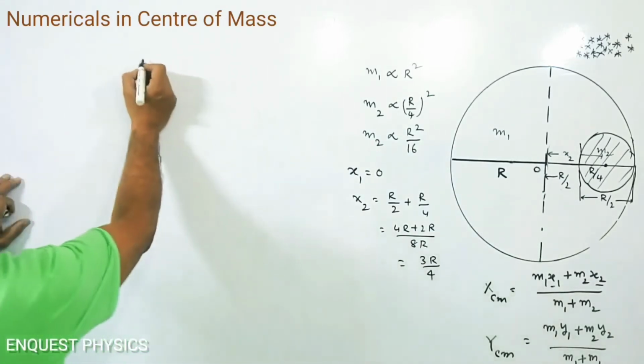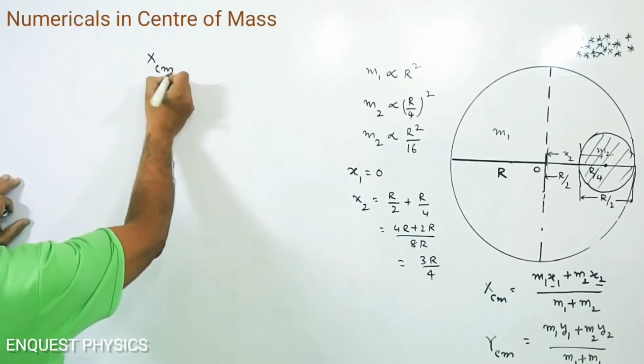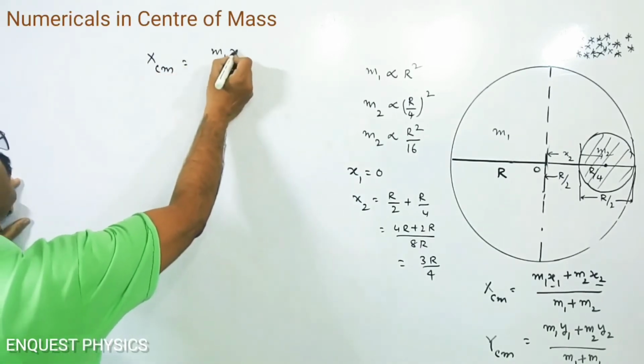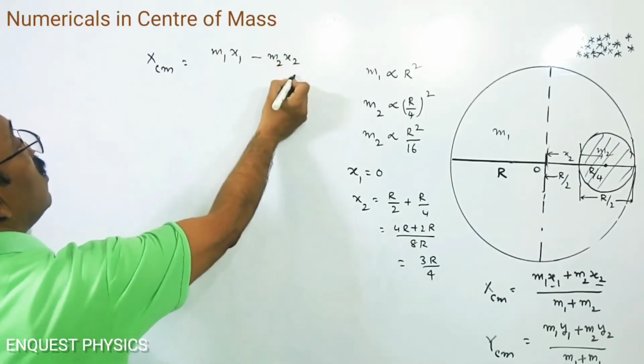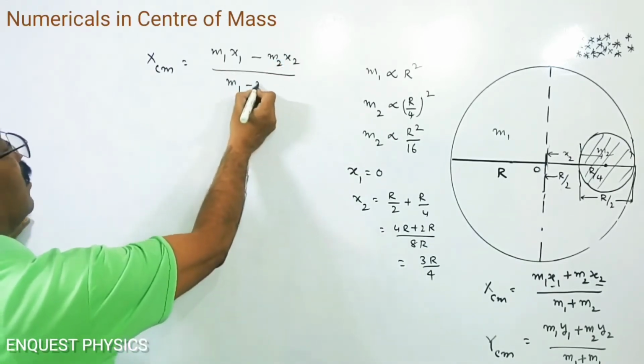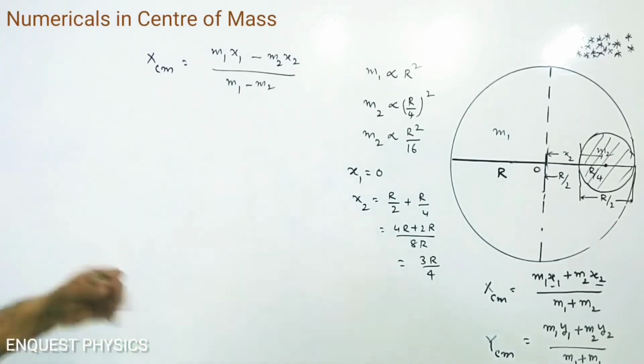Let us substitute the values. xcm is equal to (m1 x1 minus m2 x2) by (m1 minus m2). Just substitute the values.